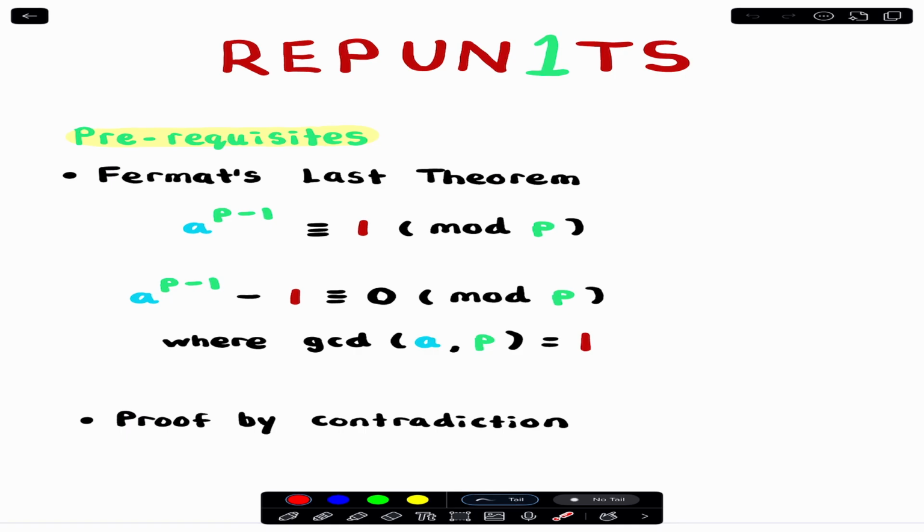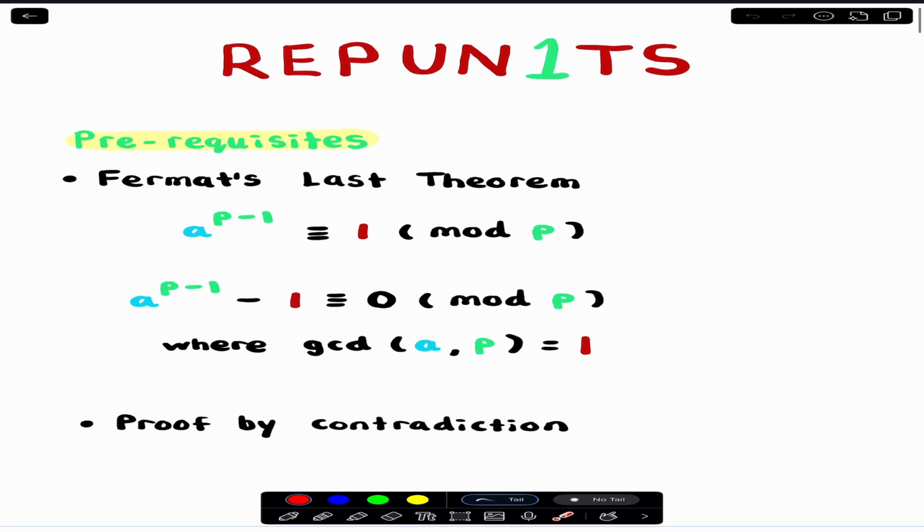So that's the first prerequisite. And as usual, we can't forget about our proof solving methods. The main one for today is going to be proof by contradiction, so you should be very comfortable with that as well. With that all out of the way though, let's get into it.